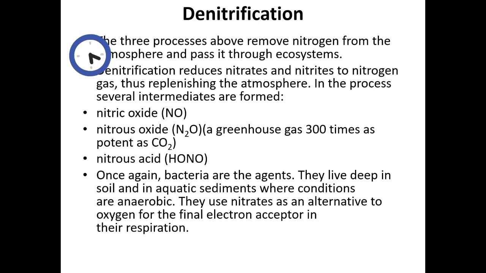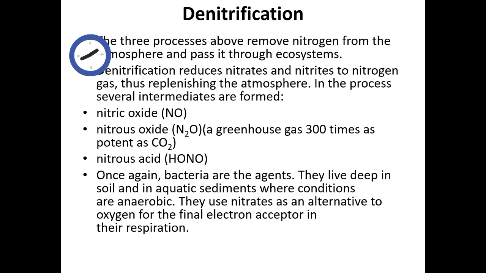And the last process of the nitrogen cycle is denitrification. Denitrification is very essential to remove nitrogen from the atmosphere and pass it through the ecosystem. Denitrification reduces nitrate and nitrite to nitrogen gas, and this gas is thus replenished in the atmosphere.